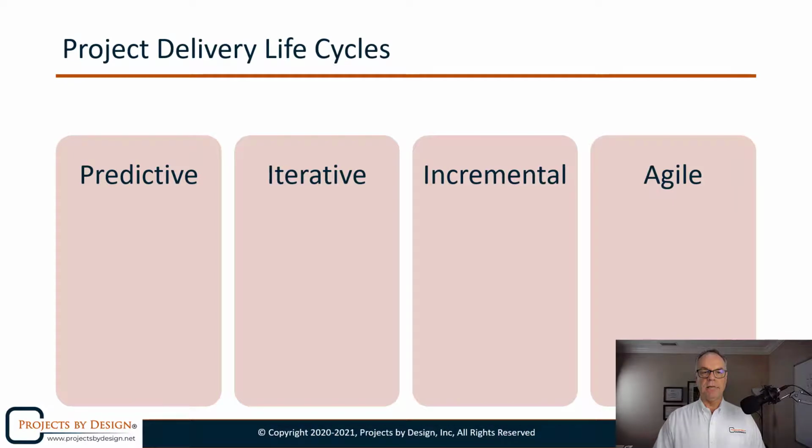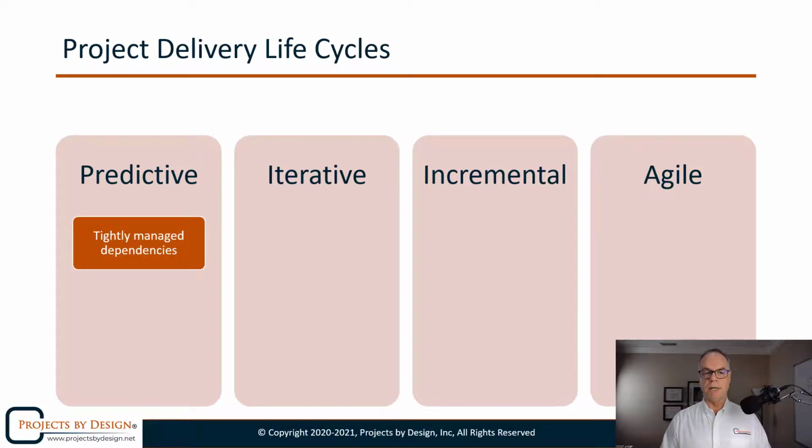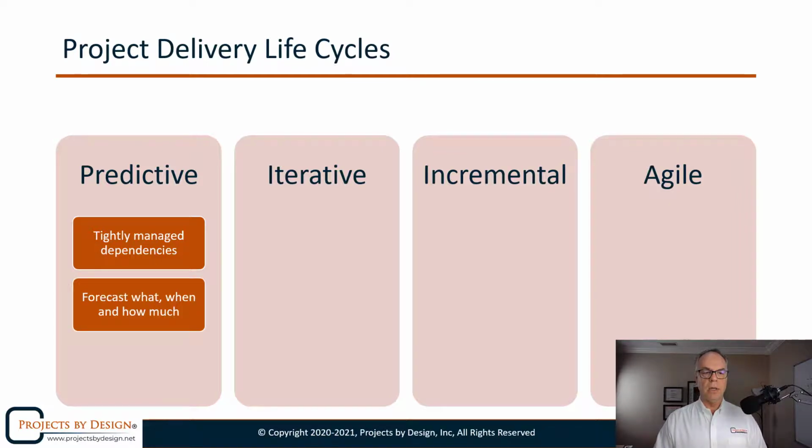In predictive, that is the most plan-driven situation you can find. That's because there are dependencies with the deliverables. When we have dependencies that have to be managed very closely, we're going to have to direct the work at the right time with the right people in order to make sure those dependencies are satisfied.